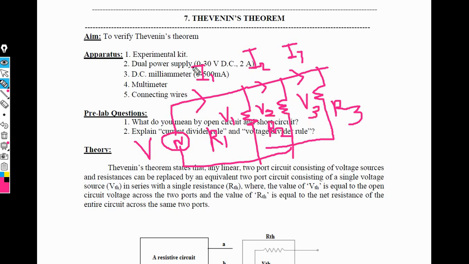This is the current divider, where current is divided, and here voltage is divided as V1, V2, V3. This is the difference between current divider and voltage divider.